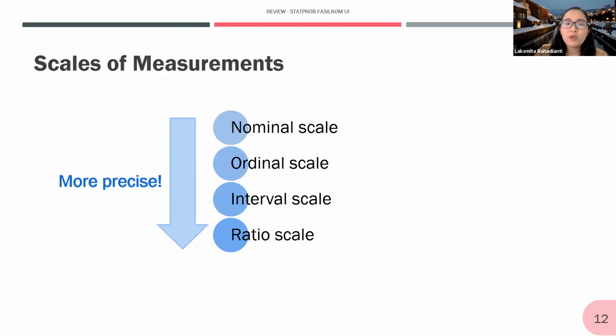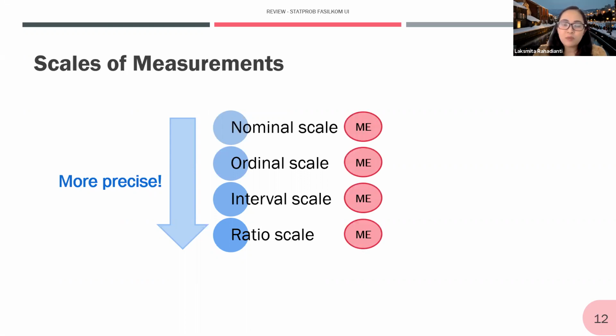If you want to determine which type is which, you have to be able to identify some characteristics that they have. All of them should be mutually exclusive. For example, if I were to measure height, if someone is 165 centimeters tall, there should be no way for him to also be 166 centimeters tall.